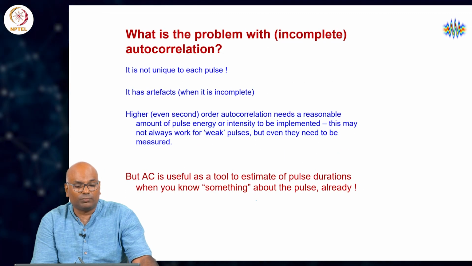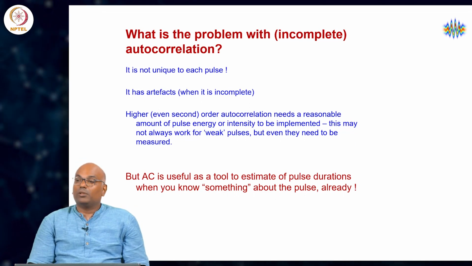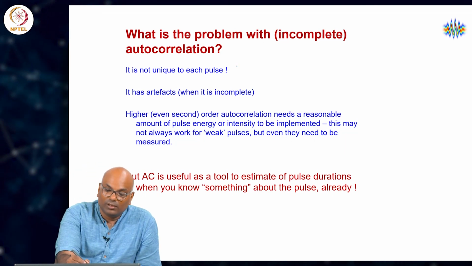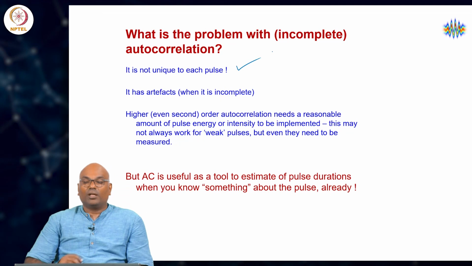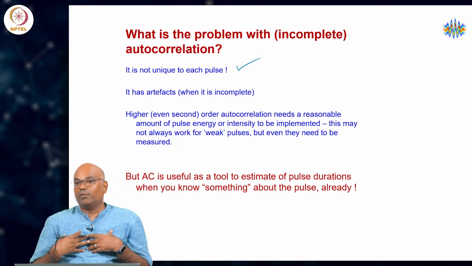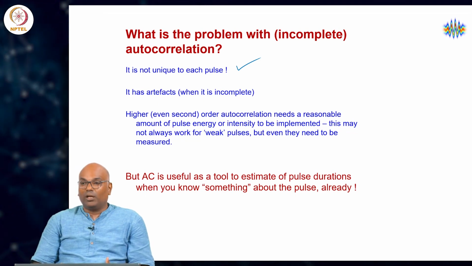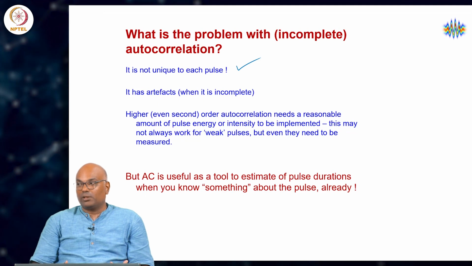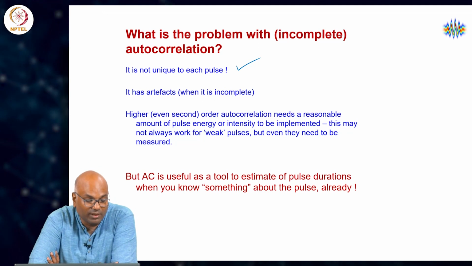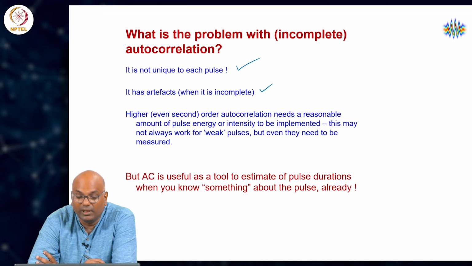So, what is the problem with submitting ourselves only to autocorrelation? The autocorrelation trace in a scenario is not unique to a pulse, but we want a unique identity for each pulse. That is metrology. We want the Aadhaar card of each pulse and to get its entire identity, and it has artifacts when it tends to be incomplete.